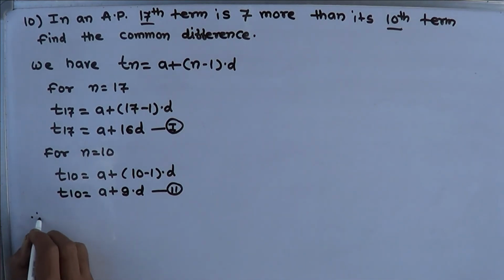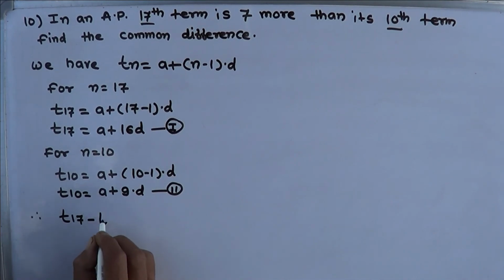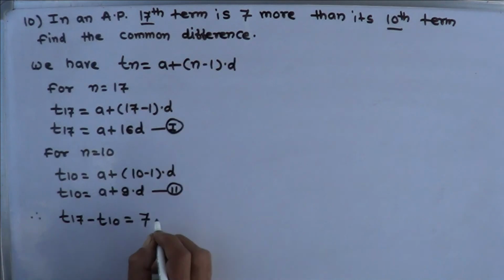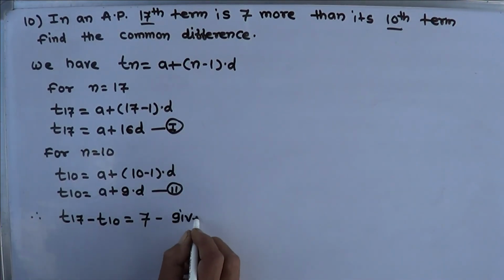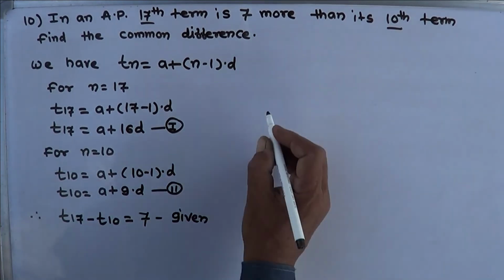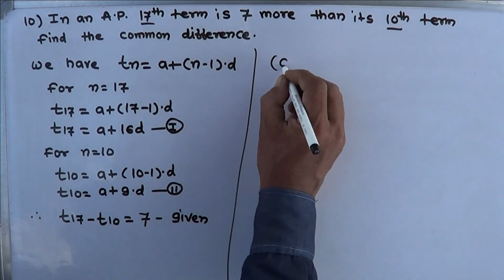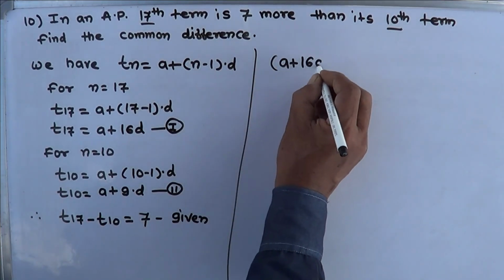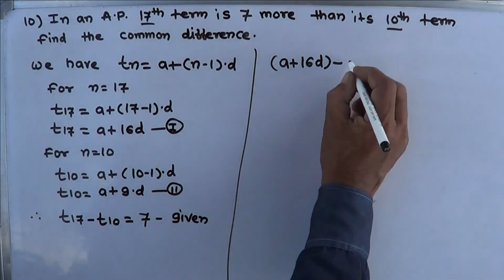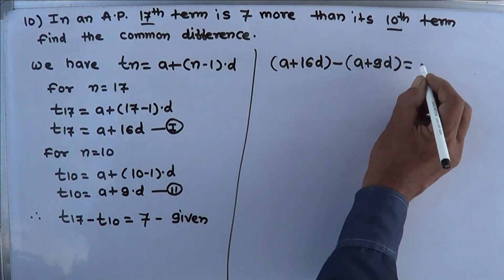So we can write T17 minus T10 is equal to 7, and this is given to us. Now we will write 17th term minus 10th term. So our 17th term is a plus 16d minus 10th term is a plus 9d, which is equal to 7.